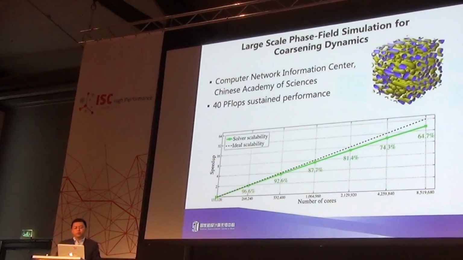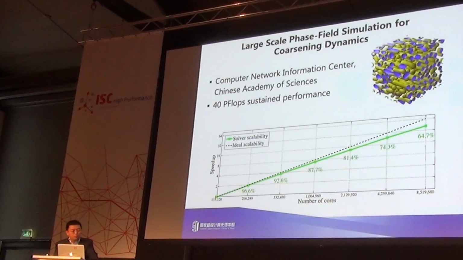The last project I want to mention is the phase field simulation, which is done by the Computer Network Information Center, Chinese Academy of Sciences. This one is also taking an explicit method, but this method has the advantage of maintaining pretty large time steps.